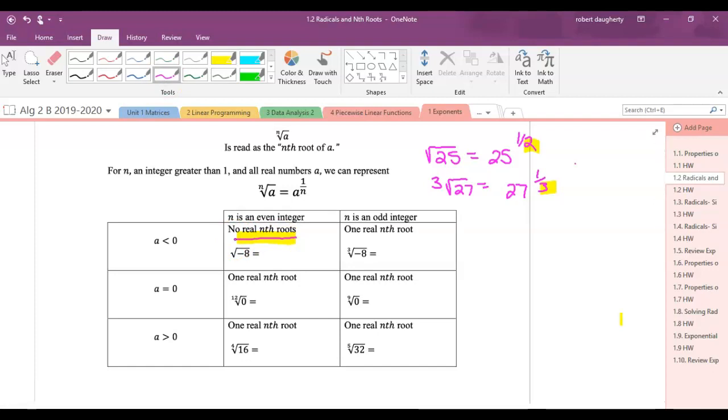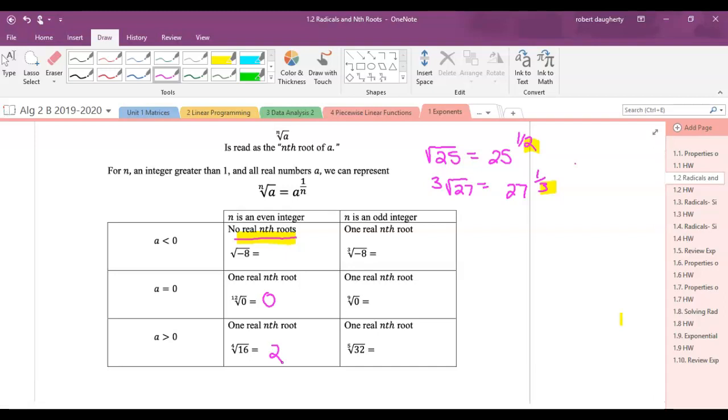If you take the square root or any kind of even root of 0, you get one real answer, which is 0. If you're taking the even root of a number like the 4th root of 16, what number can you multiply 4 times and get 16? That is 2. You'll get one real answer from that.